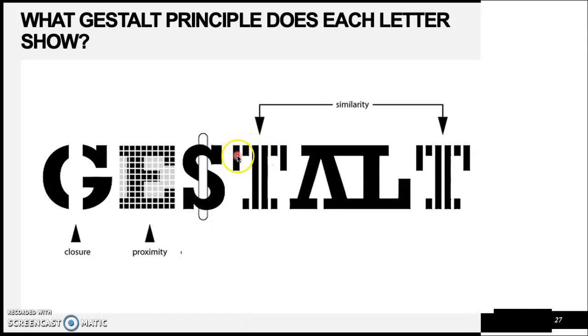Similarity here, they're all the same lines, and therefore, because they're all similar, you are bunching them together to create your T. And figure and ground. The background is white and the figure is black. Now, as I said, you can apply some of these principles to more than one.